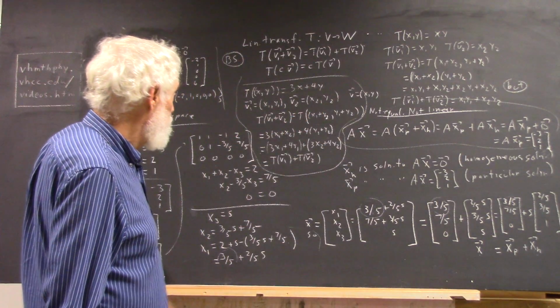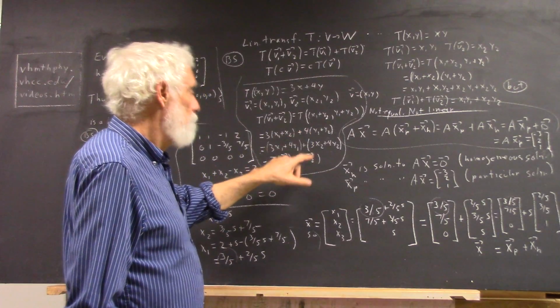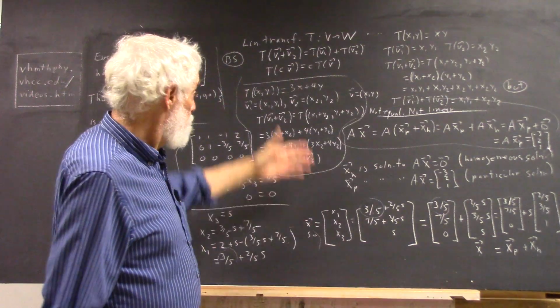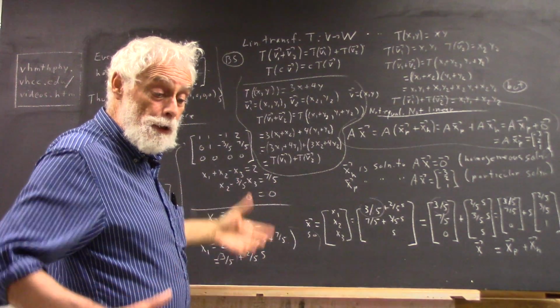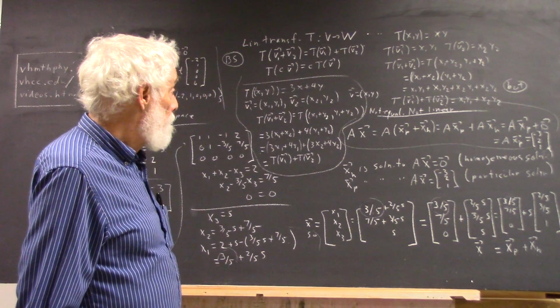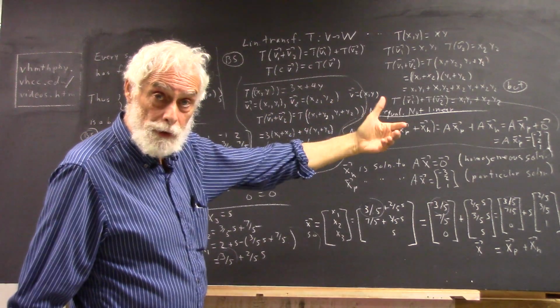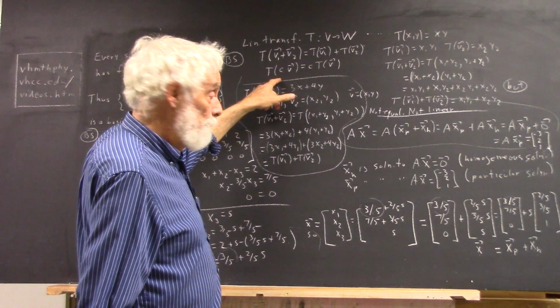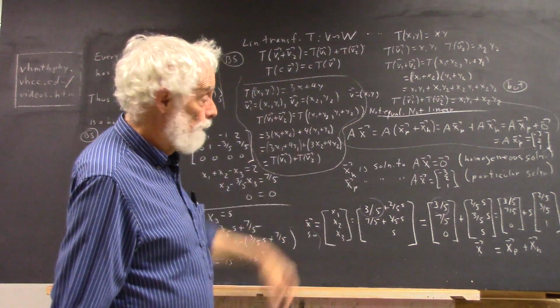So we've established that T of v1 plus v2 equals T of v1 plus T of v2. I didn't bother to write out the T of cv, but you write out the details in a very similar manner. Using (x, y) for v and plain old c for c, you evaluate this, then you evaluate T of v and multiply it by c, and soon it comes out the same.